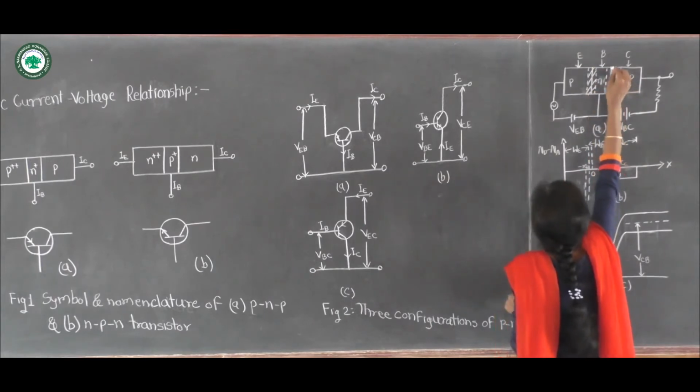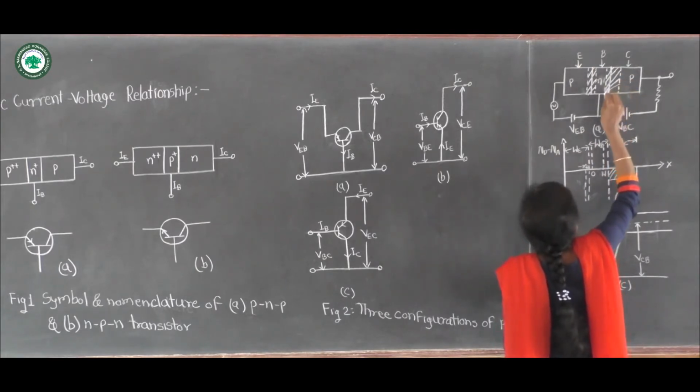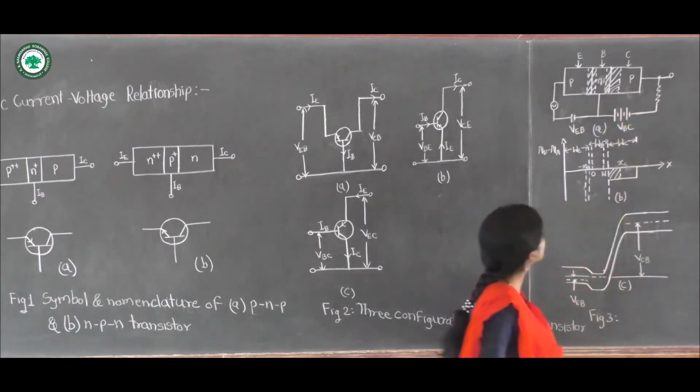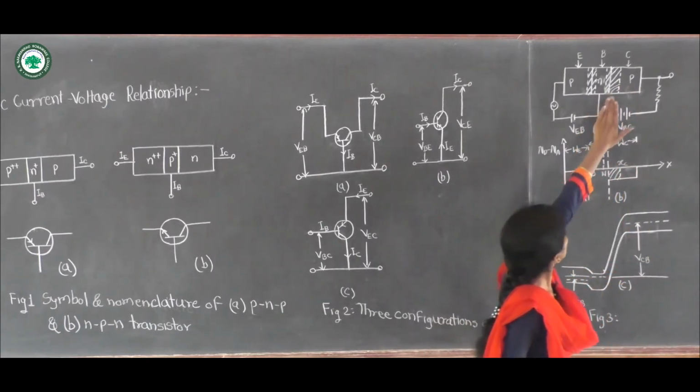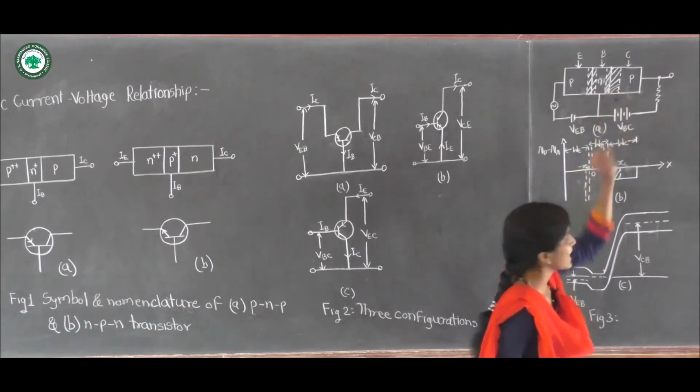And as this is the junction width, it is seen that this junction width for the base collector junction is wider towards the P side than the N side.